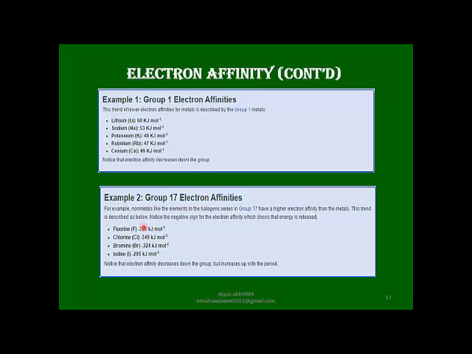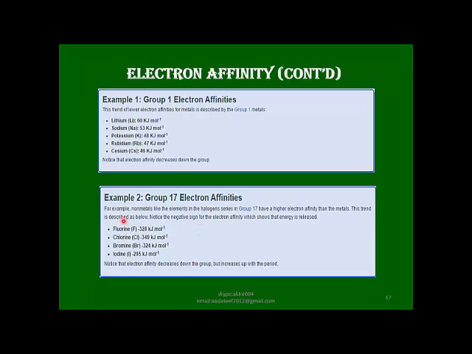The same thing here, but we are going to see that for fluorine, if we are to take that electron affinity reduces down the group, these values should have been higher than this. 328 is lower than 349.